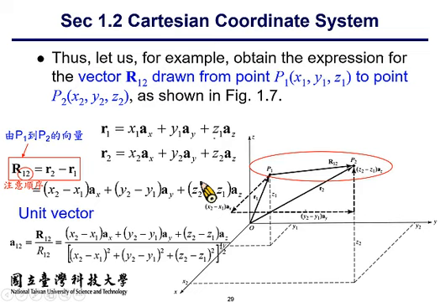So R12, which describes the vector starting from point 1 to point 2, is of course a vector. So when you write up the vector, do use this form. Okay? Write the x component, y component, and z component with summation signs.